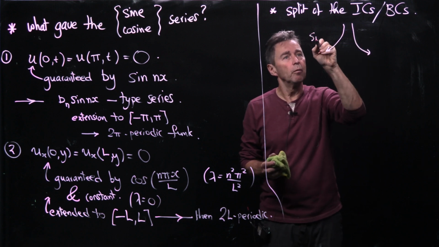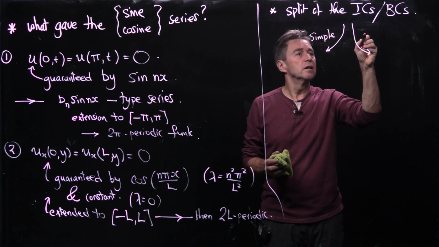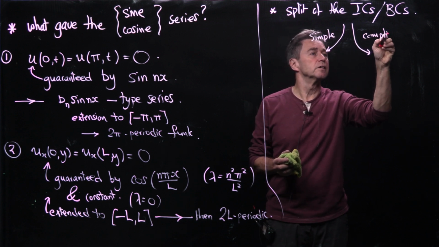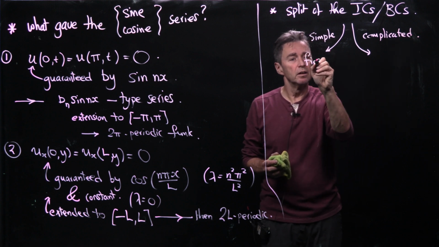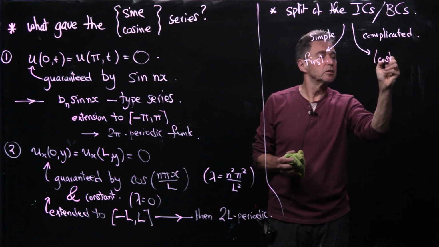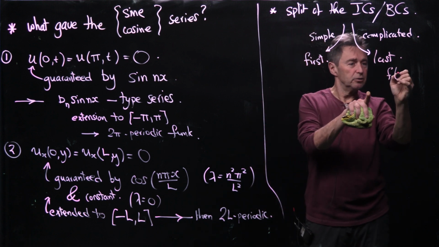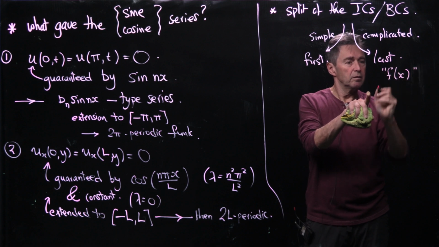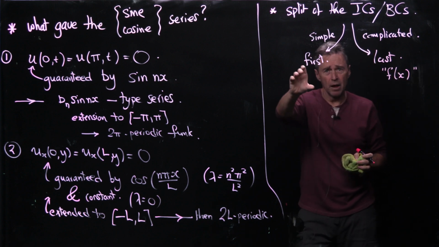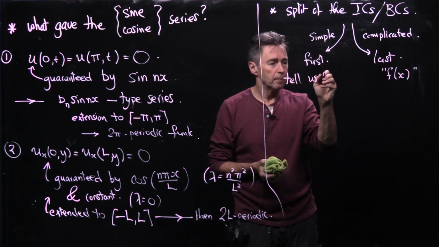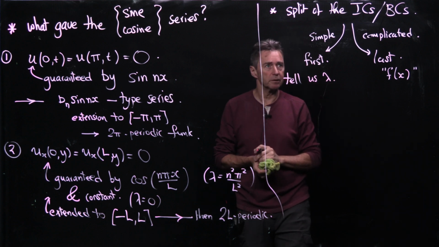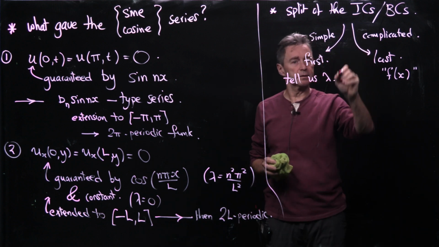There's the simple ones, and there's the complicated leftovers. You do these first, and you do those last. This is where the f of x usually appears, and these ones, they tell you lambda, the separation constant. That's generally how it works.